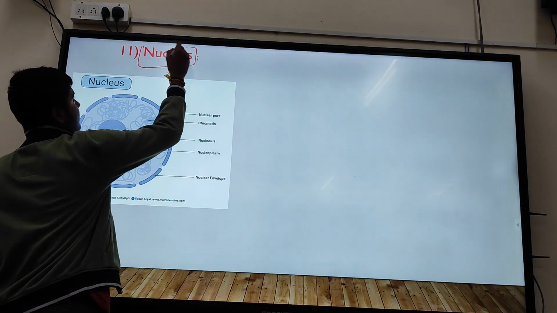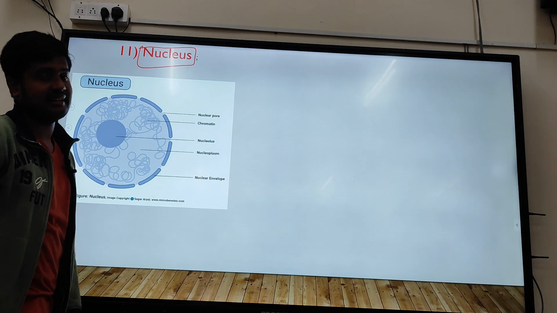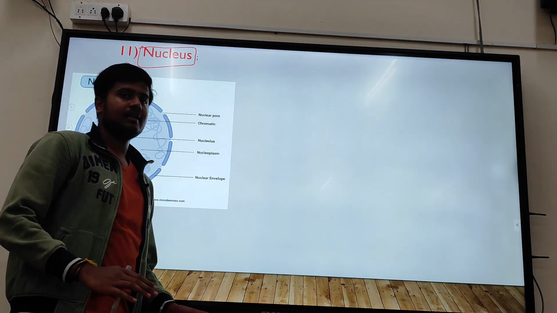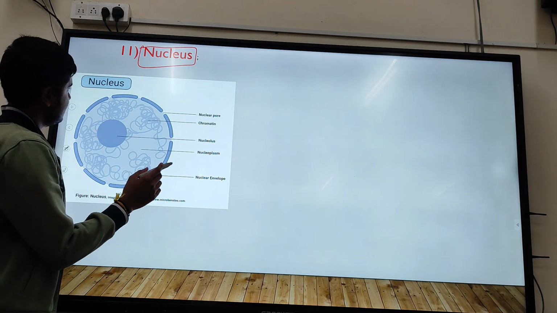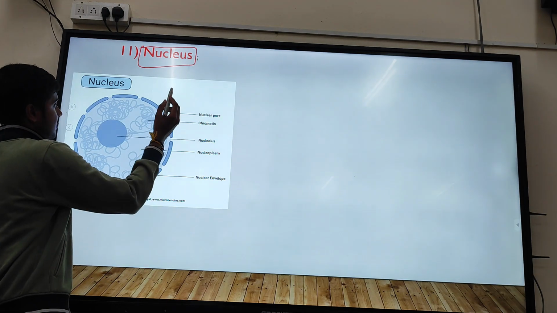It is a very important concept for our examinations because it is the part where cell division occurs. Let's see the diagram.